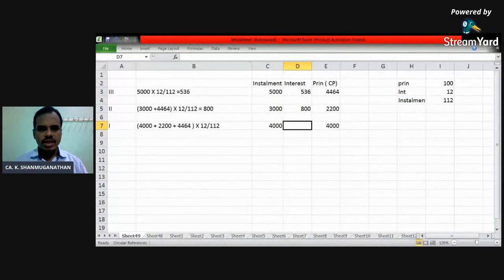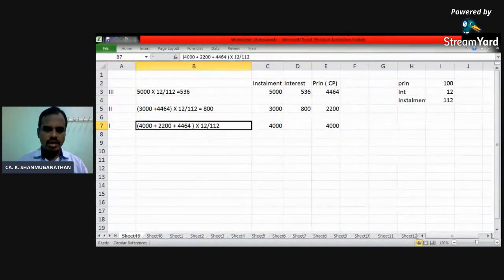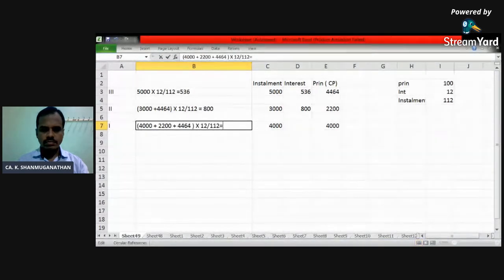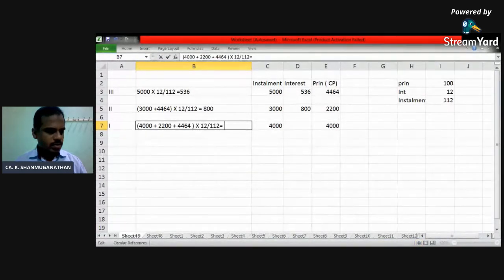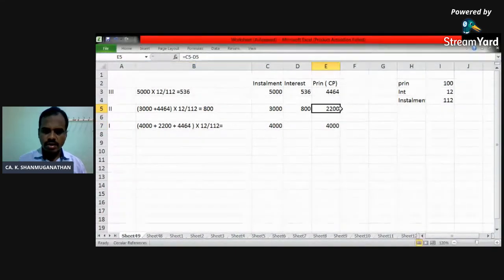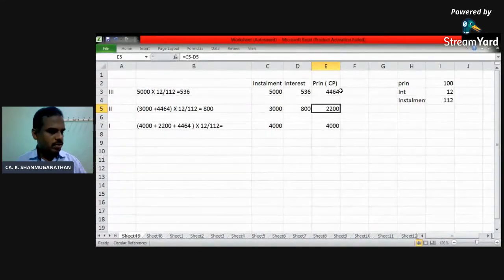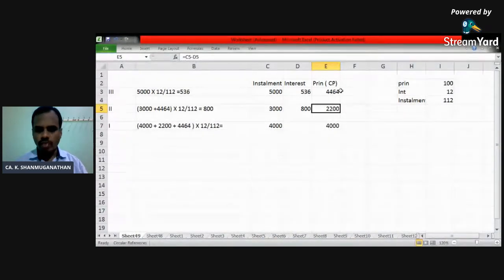After that, the interest portion, let's calculate now. I have to add 4,000 plus, I am adding in this direction. Refer to this now. I have to add these numbers. That's all. 4,000 plus 2,200 plus 4,464. 4,464 into 12 divided by 112, you will be getting 1,143.